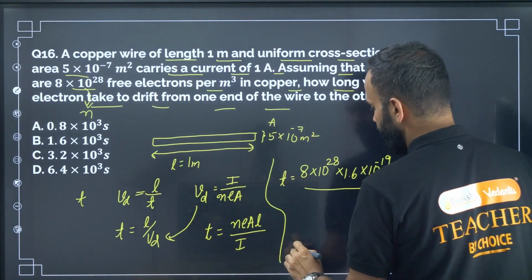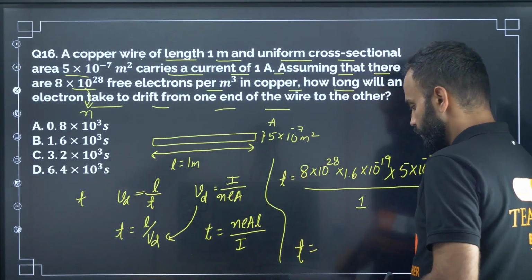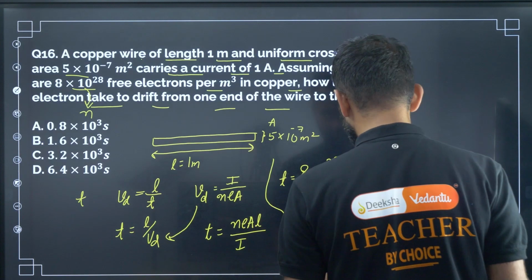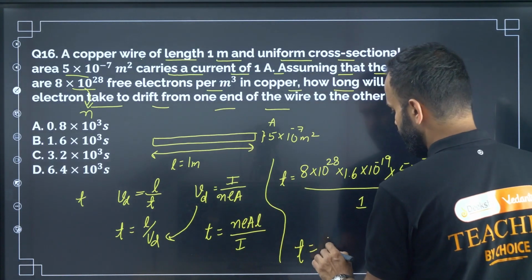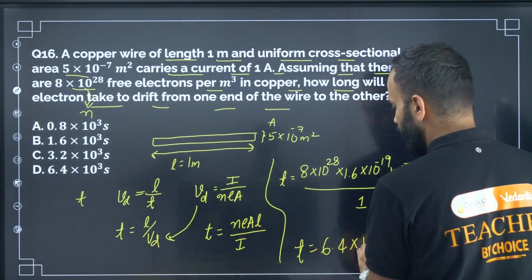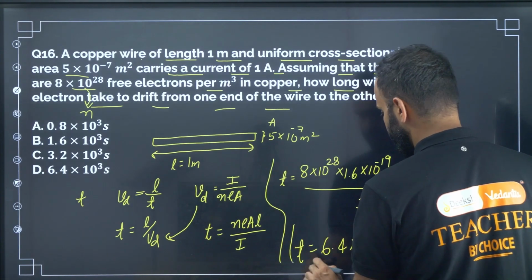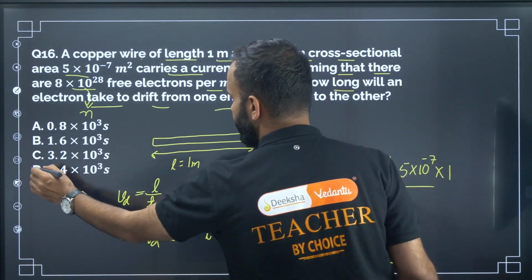Now solve this, and you will get t equal to 6.4 into 10 to the power 3 seconds. So the correct option is D.